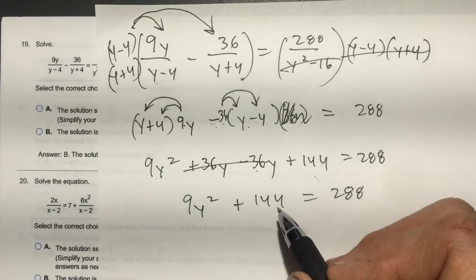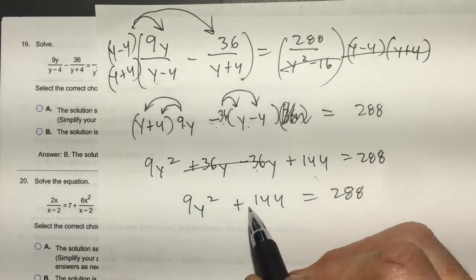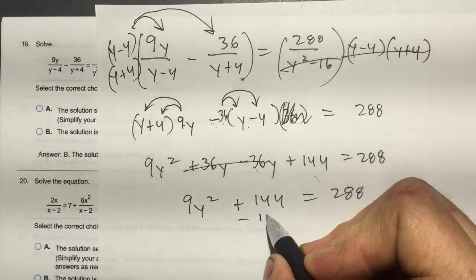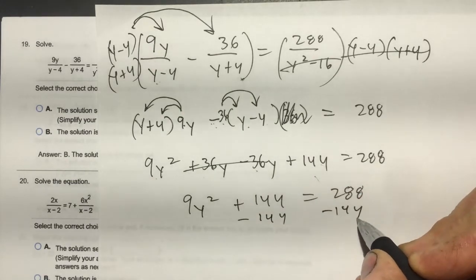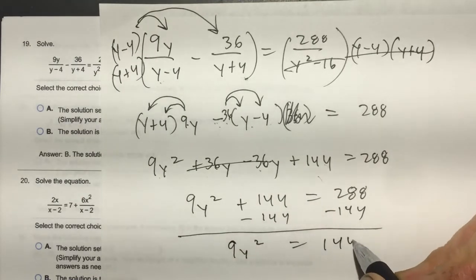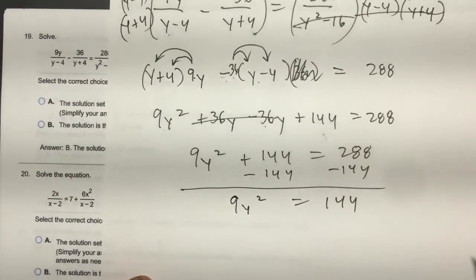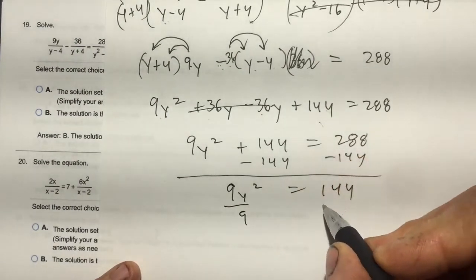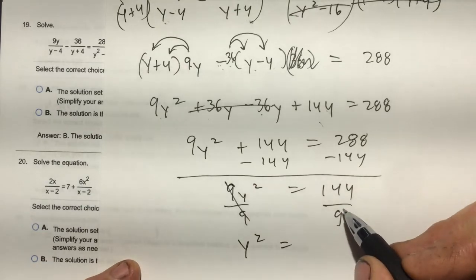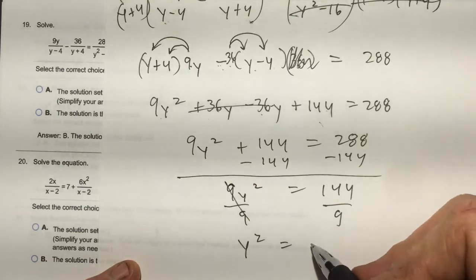This is quadratic again. But this time, look, there's no b term. And if there's no b term, you can just subtract 144. 9y squared equals 144. And then you can divide by 9, and that's going to be 16.